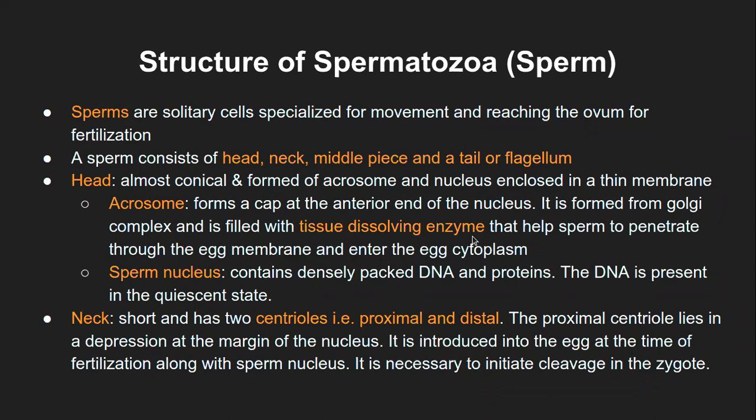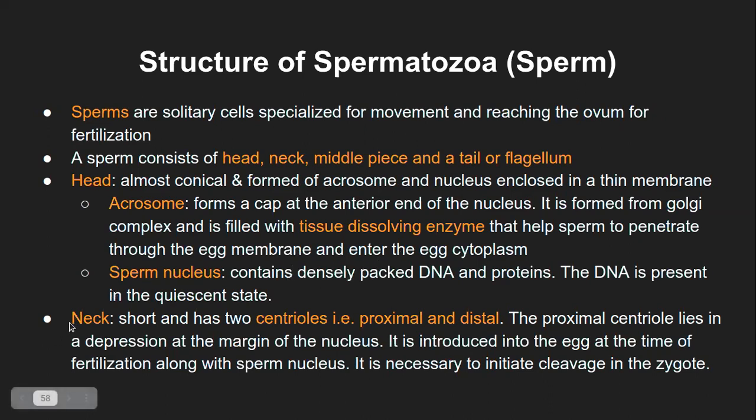And I had told you that it is hyaluronidase that breaks open the egg membrane, so that the sperm nucleus can be inserted inside the ova. So that was the acrosome part. And the sperm nucleus, obviously, as every other nucleus, has your DNA and proteins. So that was the head part.